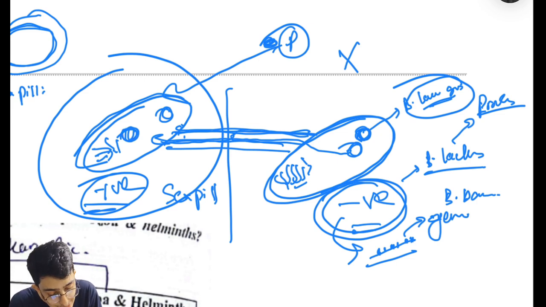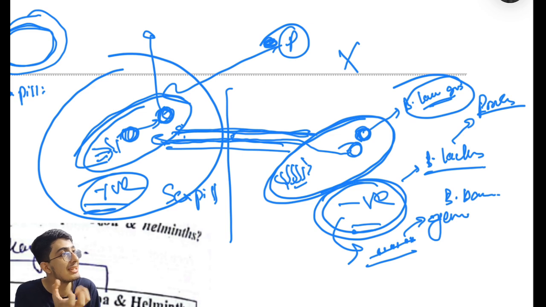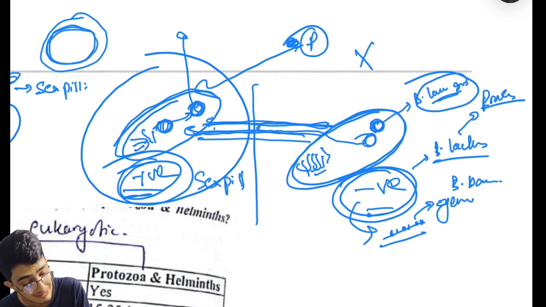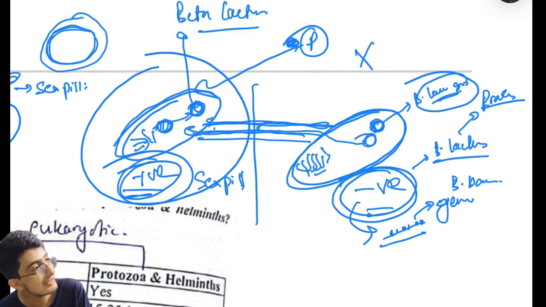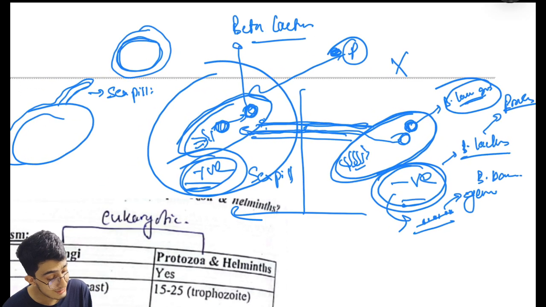This plasmid gets integrated into the original plasmid of this gram-positive organism, and now it has the DNA to produce beta lactamase. Even though this is a gram-positive organism, it now starts producing the beta lactamase enzyme.